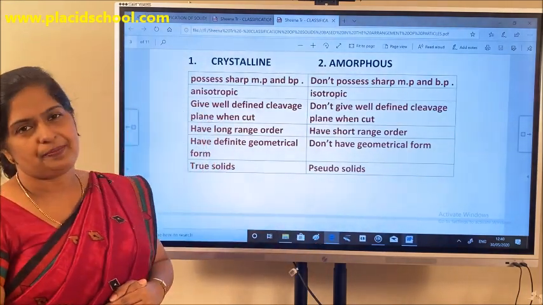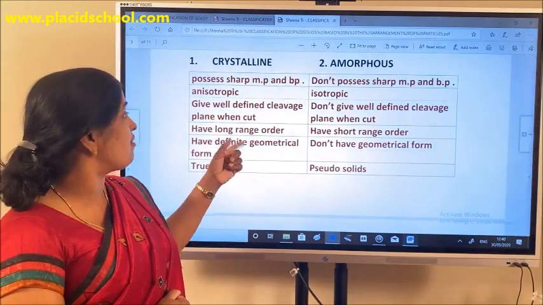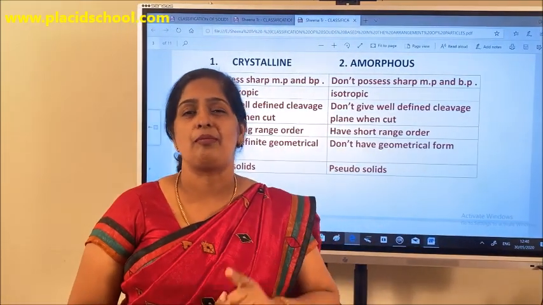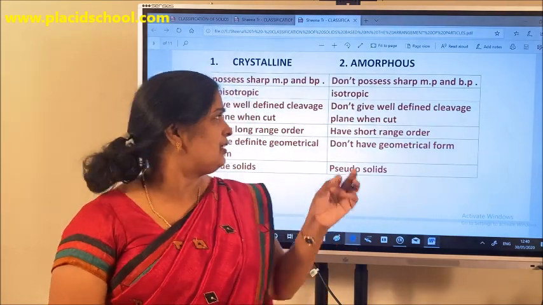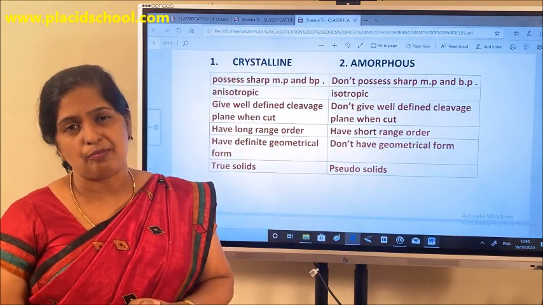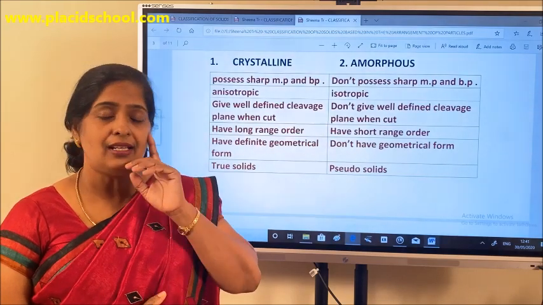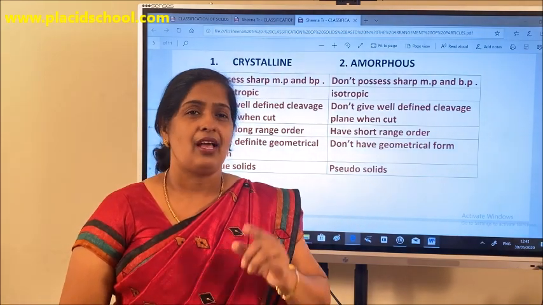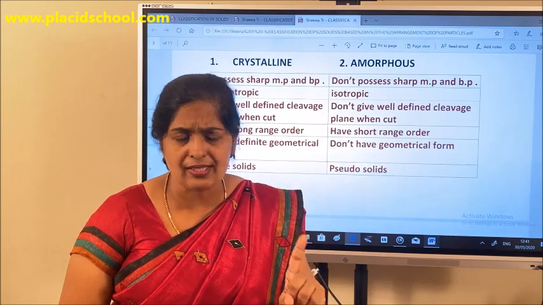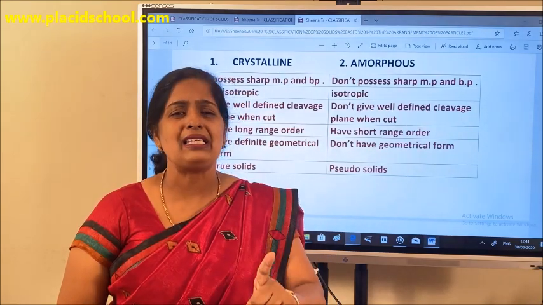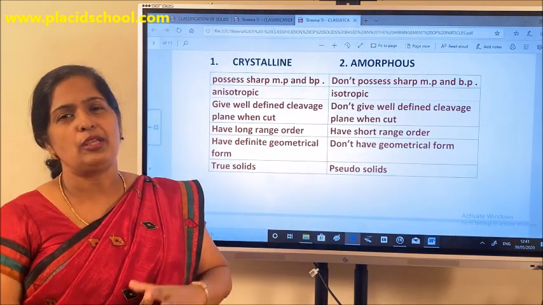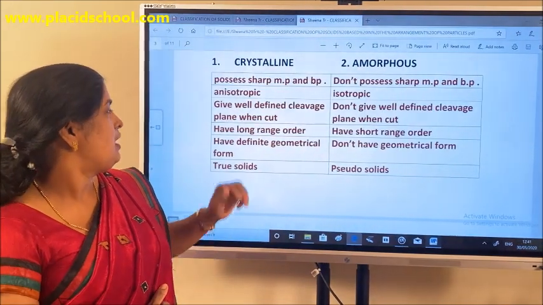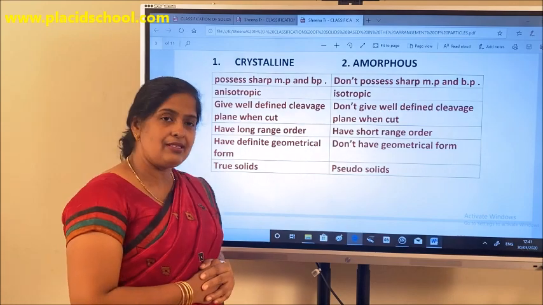The first point, crystalline solids have sharp melting point and boiling point, and amorphous solids don't have sharp melting point and boiling point. So that is the first and the foremost difference. If a solid is crystalline, it will melt at a sharp particular temperature, and boiling point also the same.